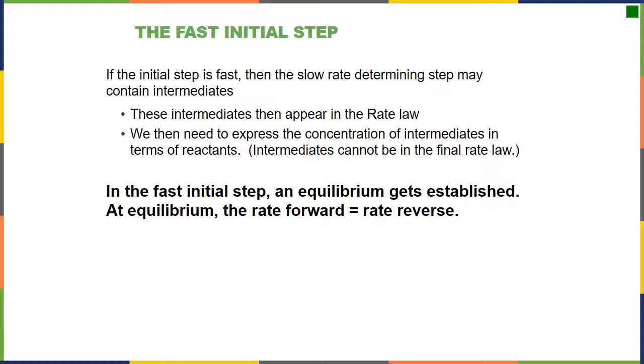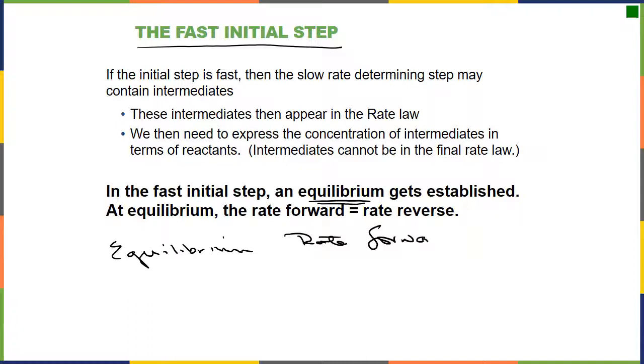Now, something that is very common in these is a fast initial step that ends up being at equilibrium. So we need to be very careful to define equilibrium. Equilibrium, by definition, is when the rate of the forward reaction is equal to the rate of the reverse reaction.